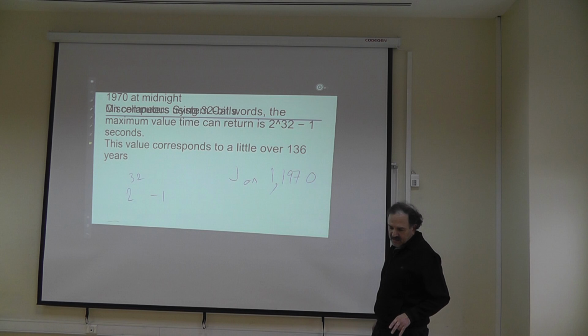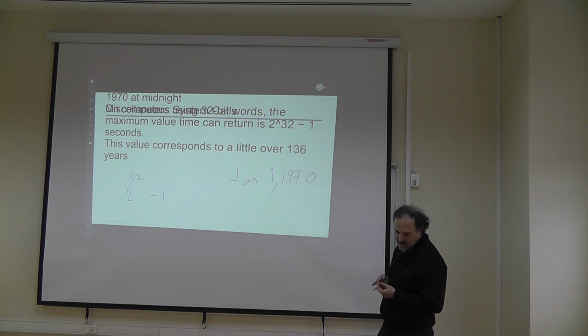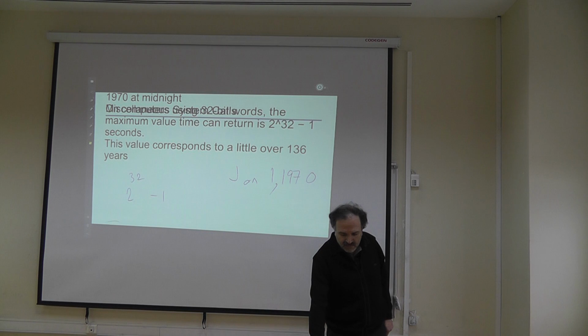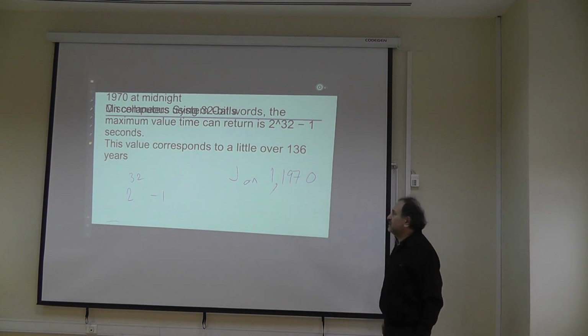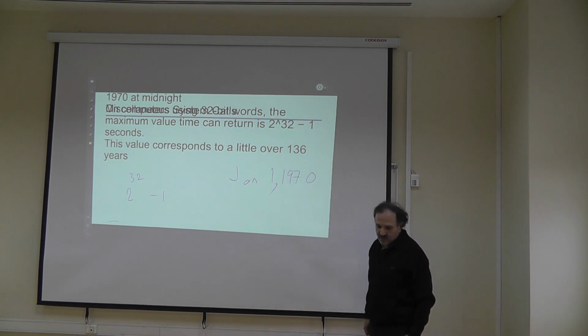So that means that before 2100 or something, in a bit more than 100 years, these kinds of systems, 32-bit Unix systems, will be in big trouble. But I don't think that we are going to have those kinds of systems in 100 years. You need to switch to a 64-bit system, otherwise you will be in trouble.